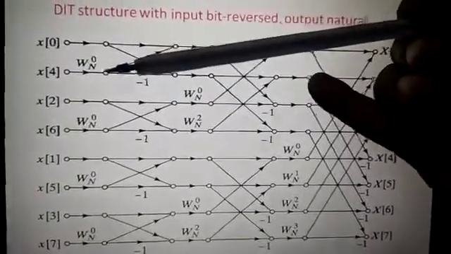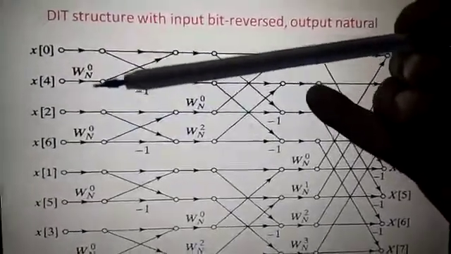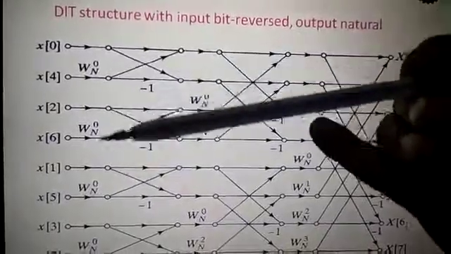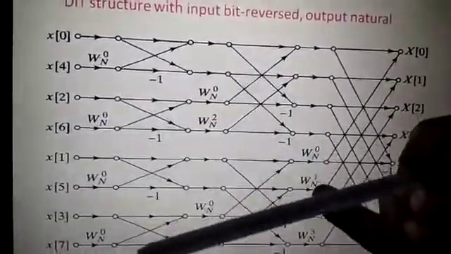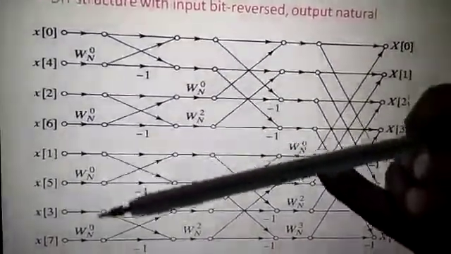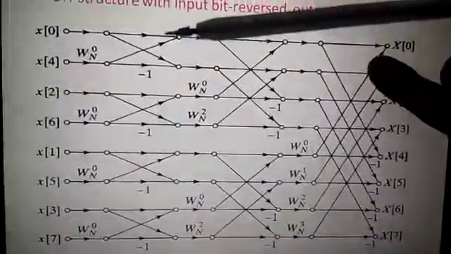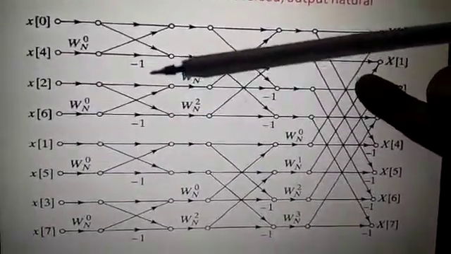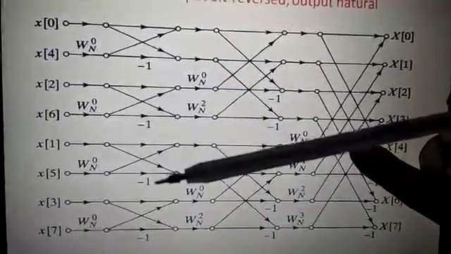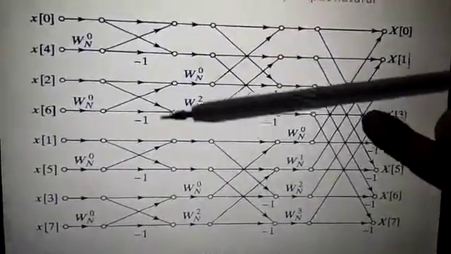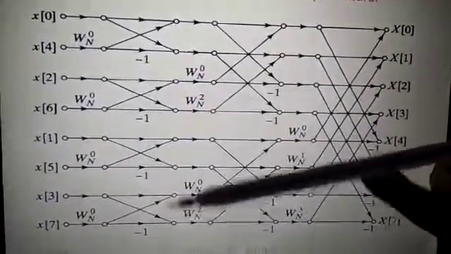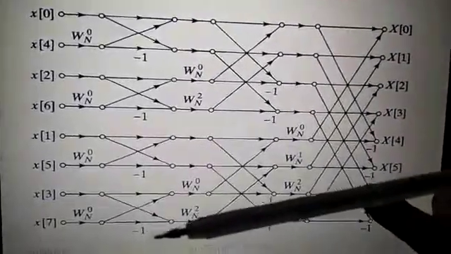After each line, there is a twiddle factor multiplication, that is omega N 0, omega N 0, omega N 0, omega N 0. And at the same line, there will be a multiplication of -1 after developing this algorithm, -1, -1, -1, -1 after each line.